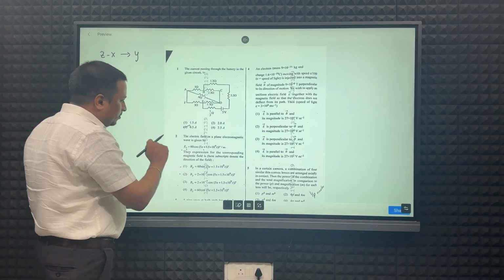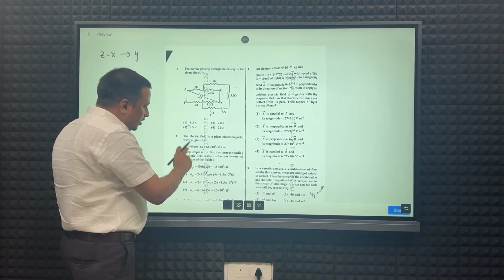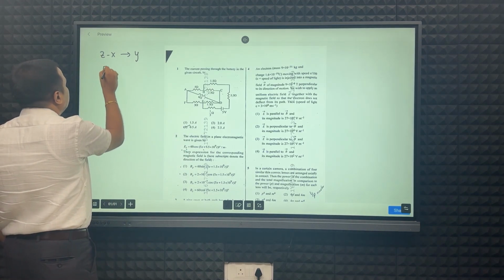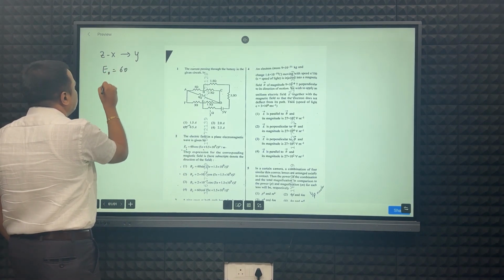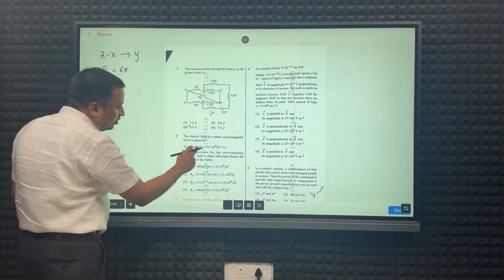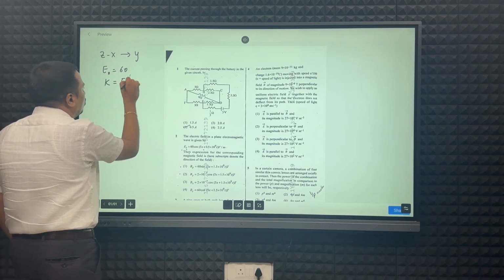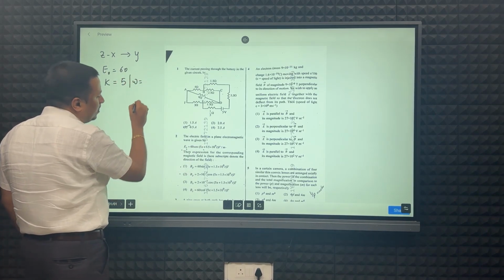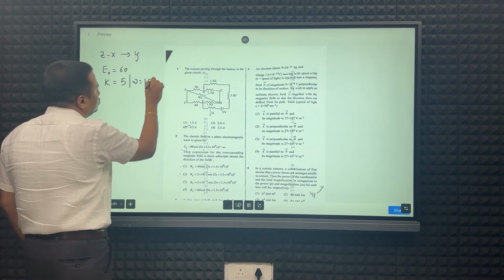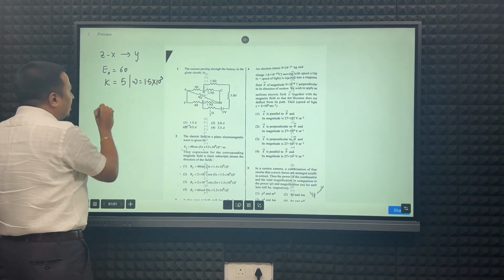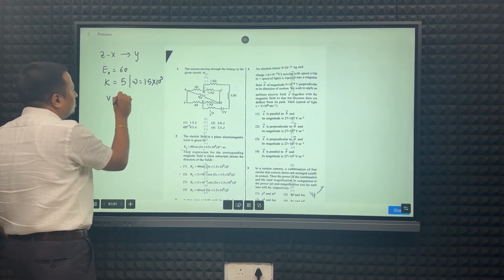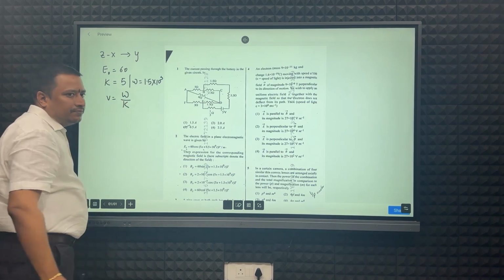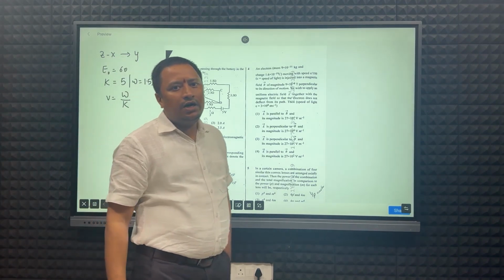Now tell me, here we have the E naught value given. What is the E naught value? E naught is 60. We have the k value given. What is the k value? k is 5. The omega value is given, omega is 1.5 into 10 raised to power 9. Can we calculate v? Can I write v is equal to omega by k?